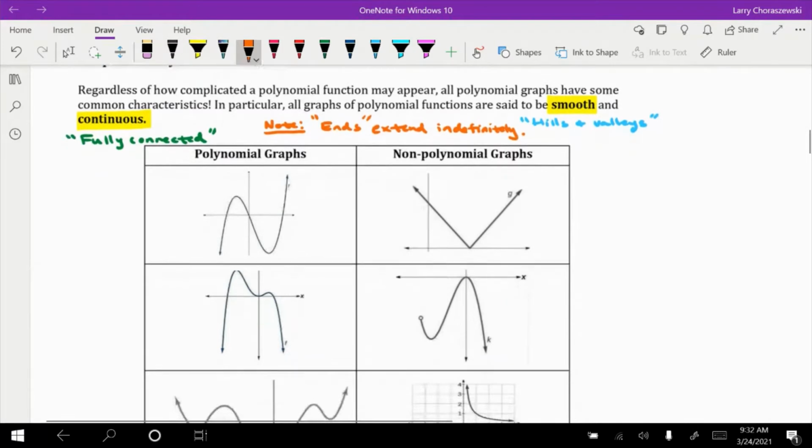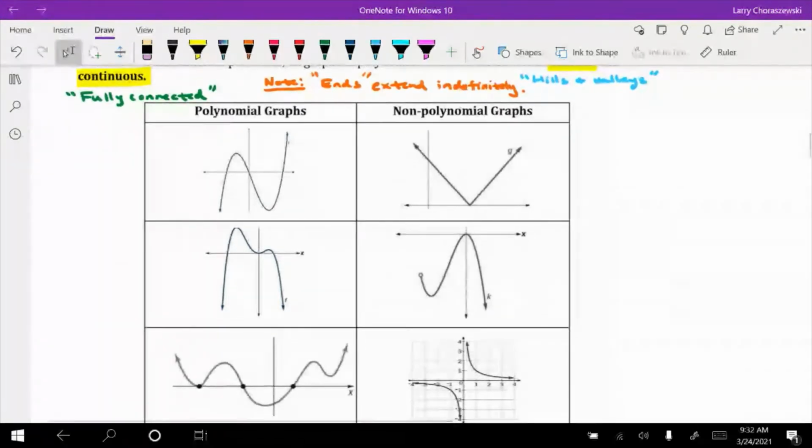And in this table, I hope to illustrate all these little descriptors here. So let's look at the first column. The first column contains examples of polynomial graphs. As you can see, there's a hill right there, nice rounded hill, nice rounded valley. Okay, these are where we would find our maximums and minimums, by the way.